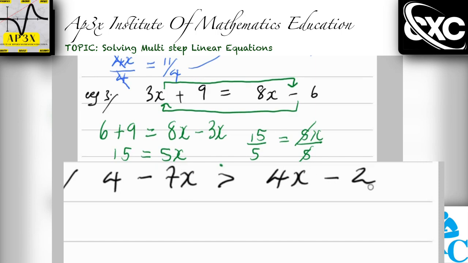Now, this particular question was set up because I'm going to go out on a limb and assume that you are going to be transposing the 4x to the side of the negative 7x, because what I find is that a lot of average or below average math students, or students learning maths for the first time, are not paying attention to the sign that comes in front of the number.